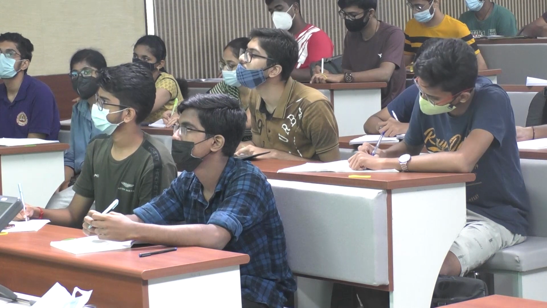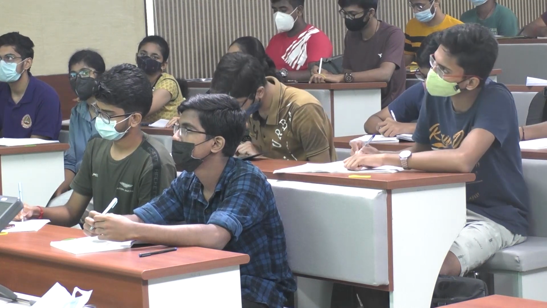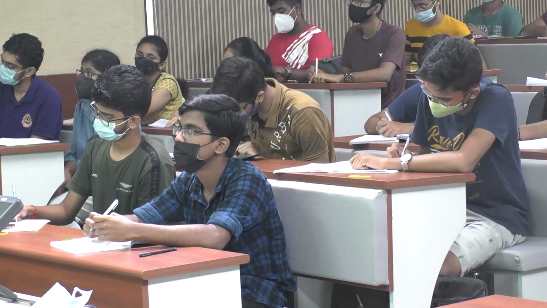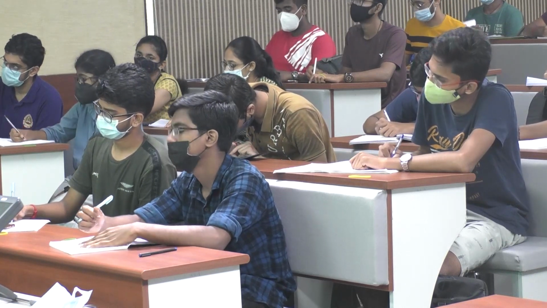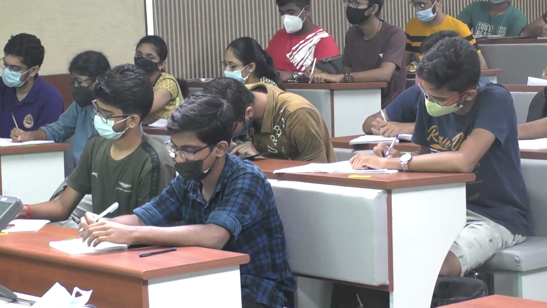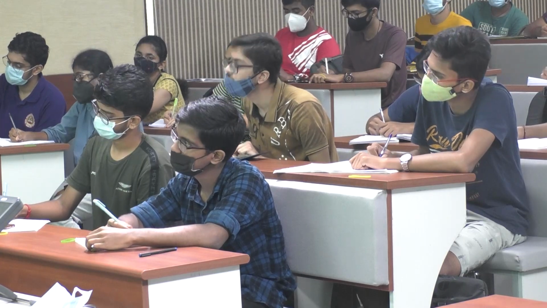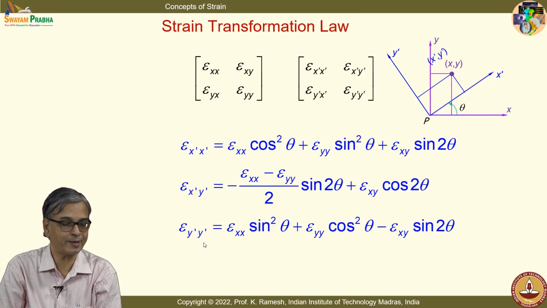See, I read this so that you get time to write it down. You need to have these expressions in your notebooks so that it's easy for you to review when you prepare for an examination. I have epsilon y prime equal to epsilon xx sin squared theta plus epsilon yy cos squared theta minus epsilon xy sin 2 theta.